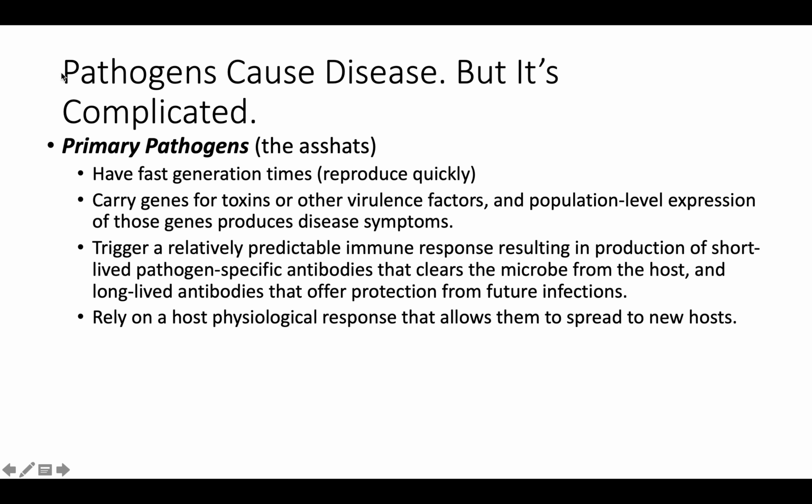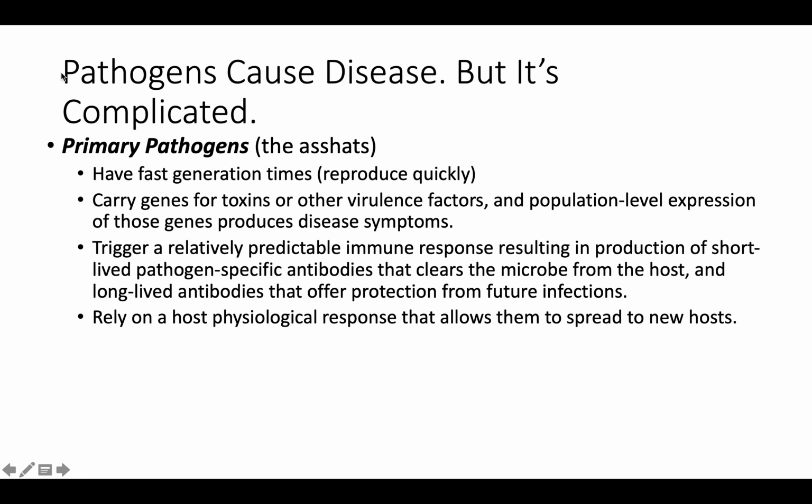Now I'm going to begin talking about the pathogens and a little more about stealth pathogens in this PowerPoint. I will continue next PowerPoint presentation talking about specific pathogens, especially the stealth pathogens. So the ones that we've heard of all along are the primary pathogens, okay?